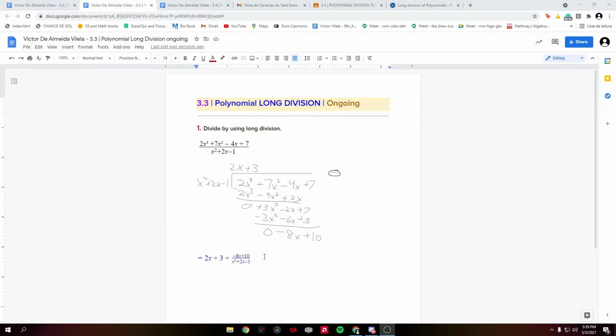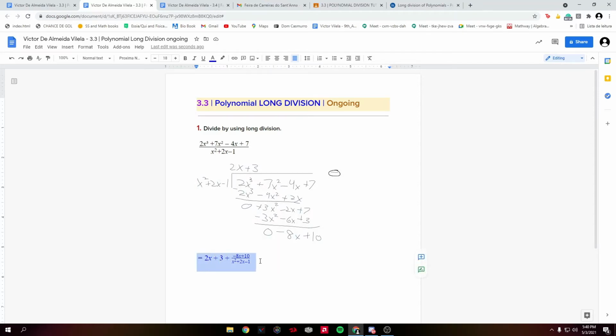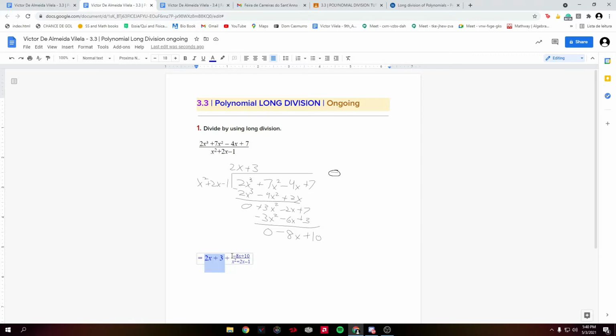Okay, so now we have our answer here in this formula. We're just doing the equal here, right? Because we don't need the dividend here, because it's on this side, okay? So this is the quotient, okay?